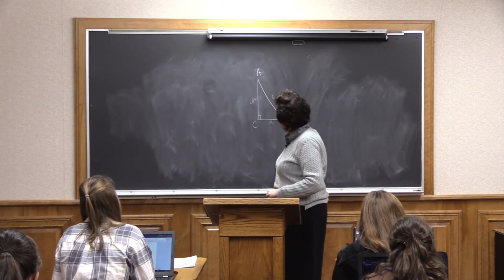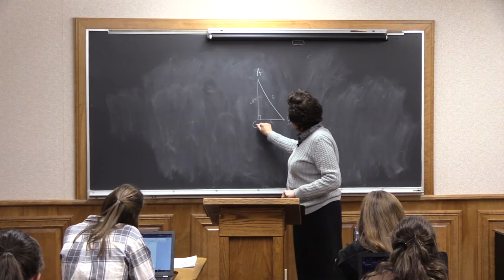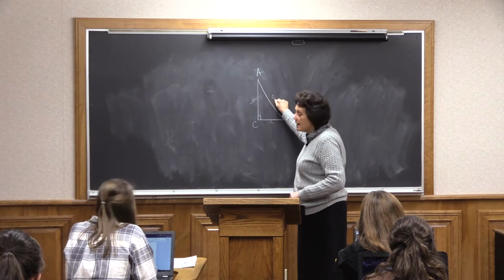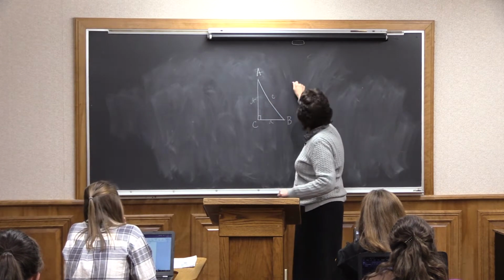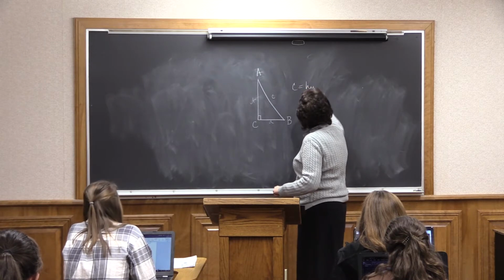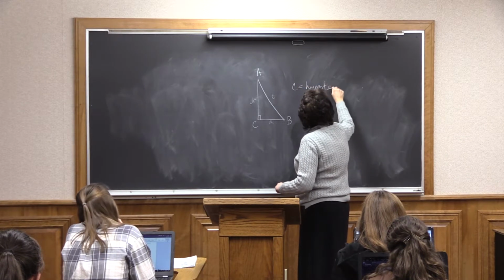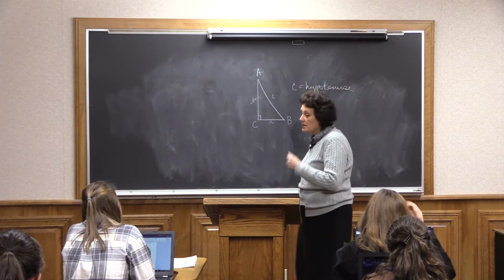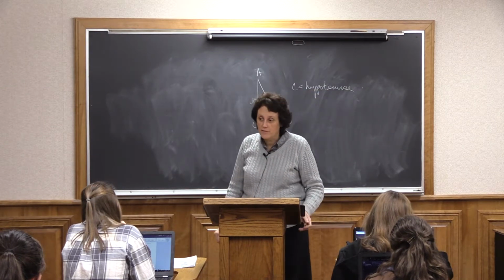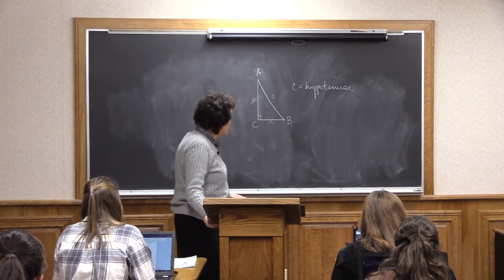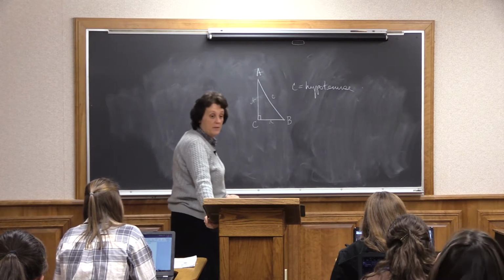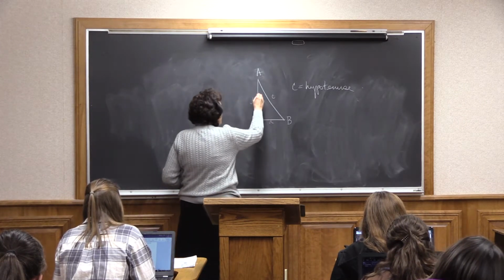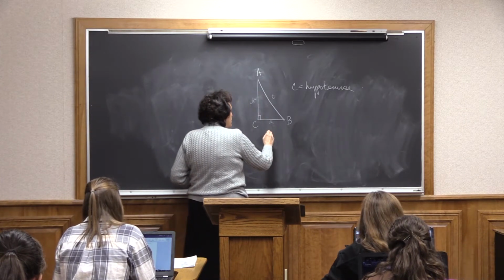So with this right triangle, the right angle is C, so the side opposite is labeled little c. It's called the hypotenuse because it's going to be an important side. It's always going to be the longer side of the three, and it's the basis of the Pythagorean theorem. The two other sides are called legs.